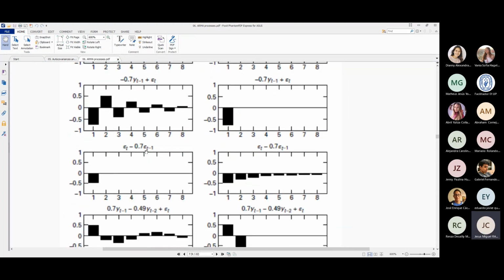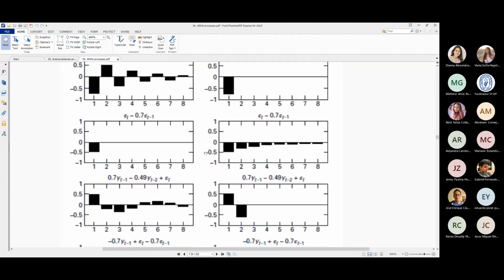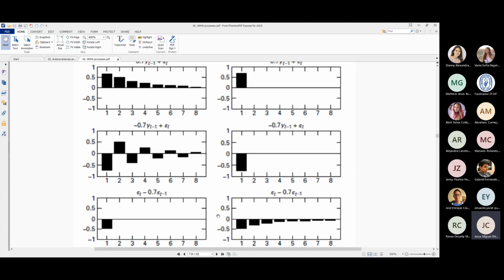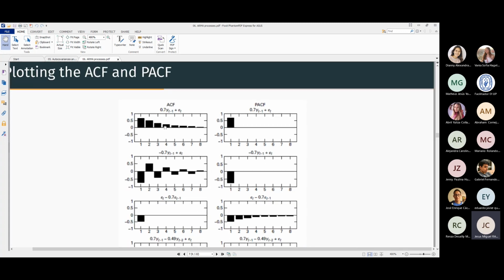In the case of the MA1, you will see the opposite with respect to the AR1. For example, this is the MA1, and now the ACF shows just one jump, and the PACF is the one that decreases geometrically.